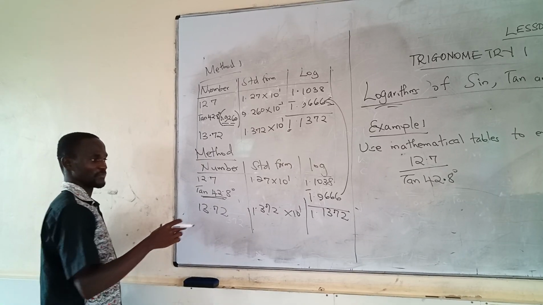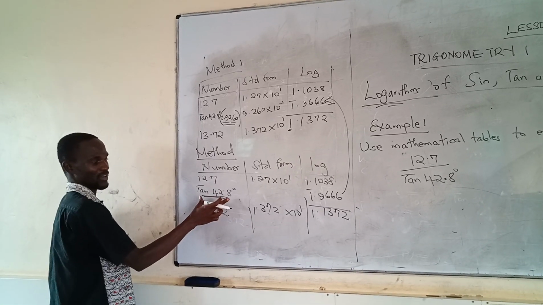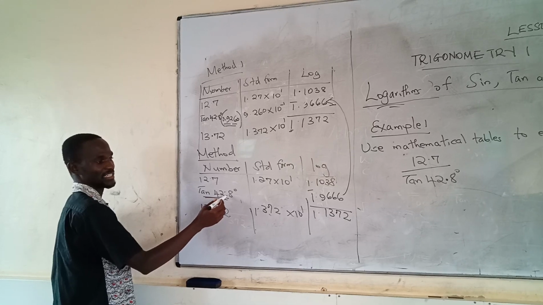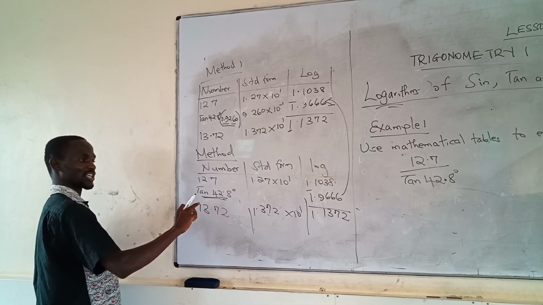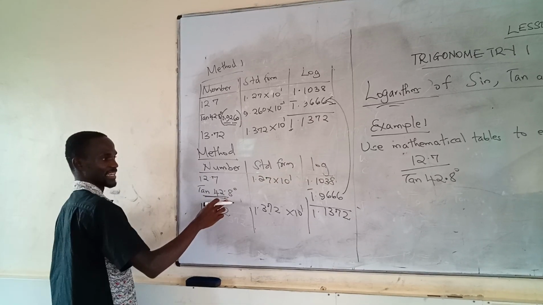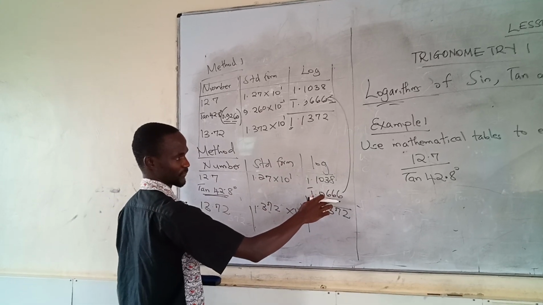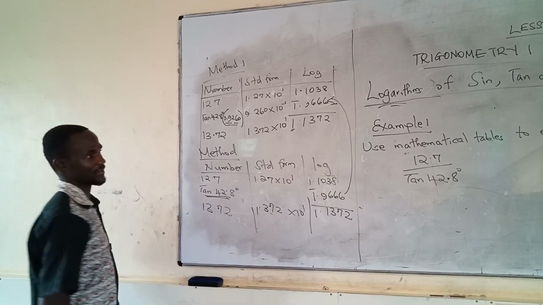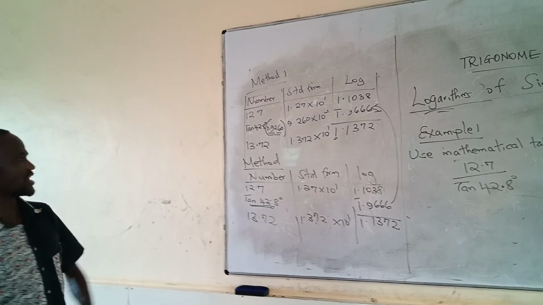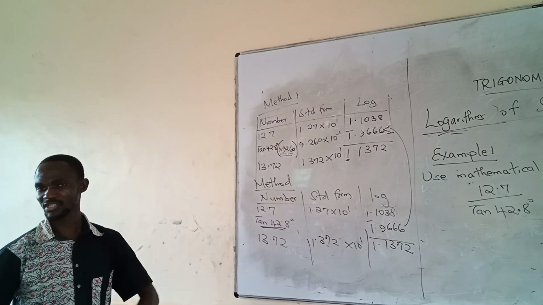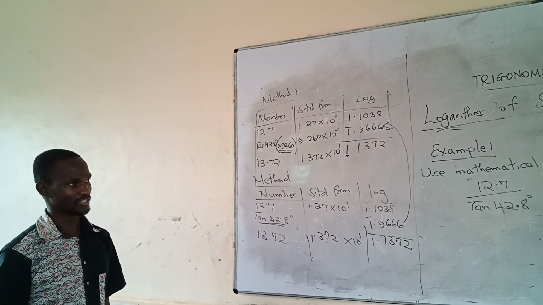Or alternatively, like in ours, we have tan 42.8 degrees, and we went and checked the log of this directly. Either method that you want to use will be valid.